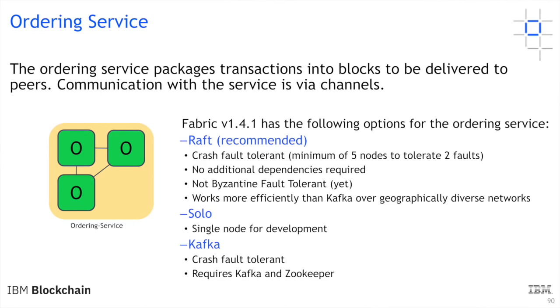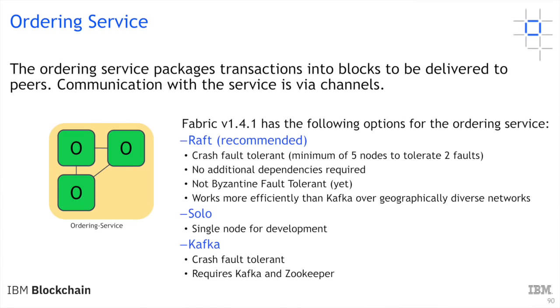And as a result, Fabric has implemented 3 options today for ordering. The first is Solo. So this is really an ordering service for developer purposes because it's not crash fault tolerant, but it is easy to set up and it's high speed and low cost. The second 2 are crash fault tolerant, but are not Byzantine fault tolerant today, like discussed by Leemon earlier in this webinar.